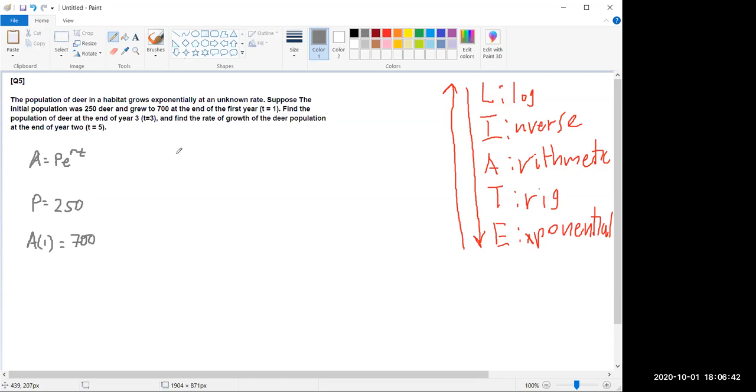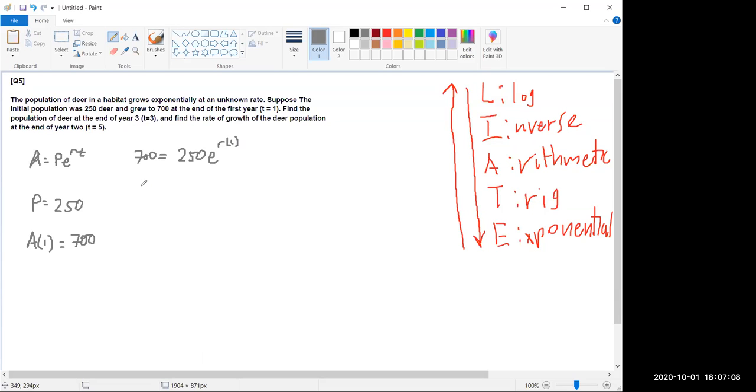So we have P is 250, e to the rt. So when t is 1, then our A is 700. In this equation, what can we solve for here? Yeah, so we can solve for the rate, r.